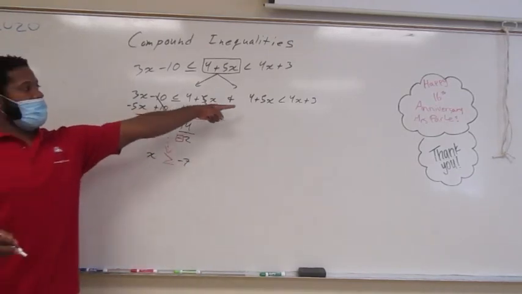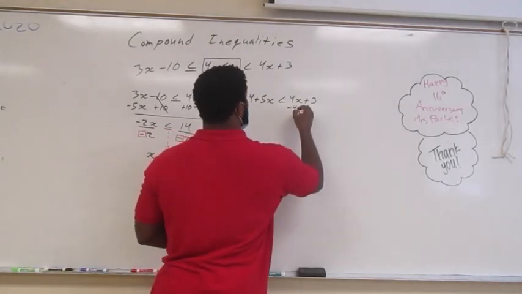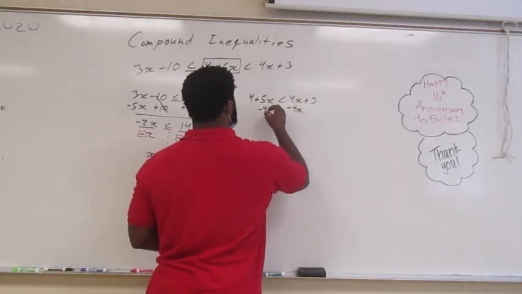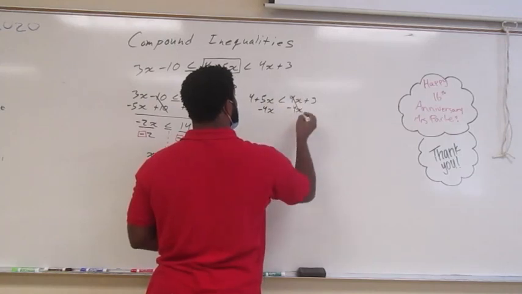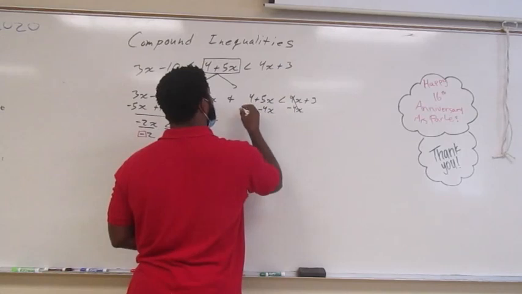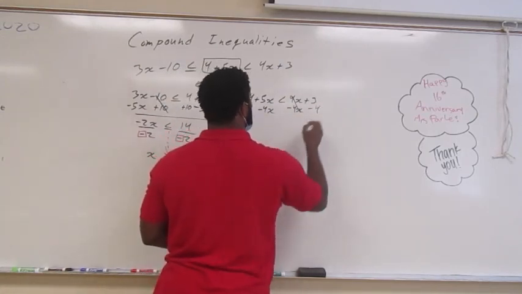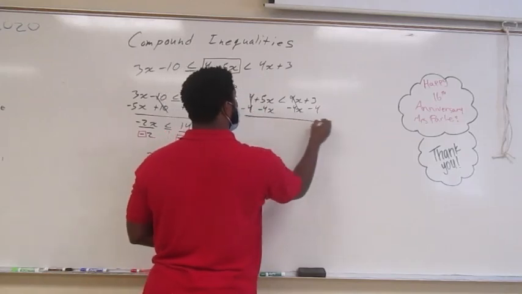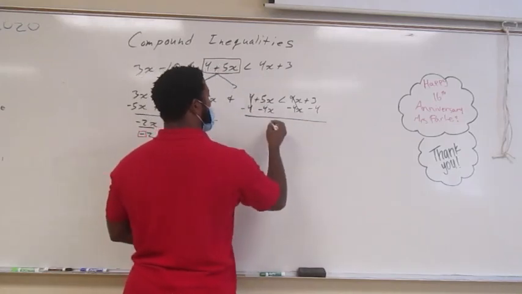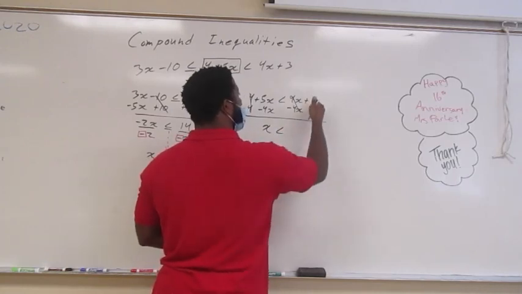Let's go to this one over here. We're doing the same exact thing. Subtract the 4x, subtract the 4x. Boom. Subtract this 4, subtract this 4. Boom. Okay? 5x minus 4x, that's x, is less than negative 1.